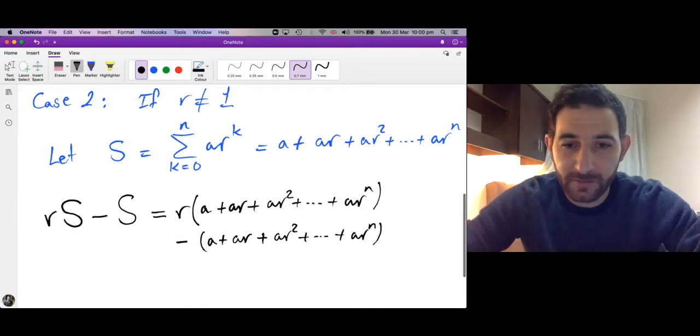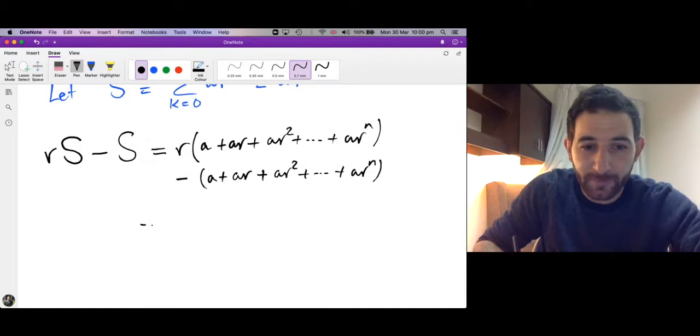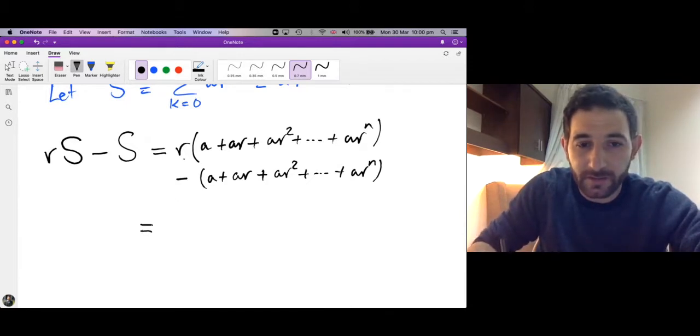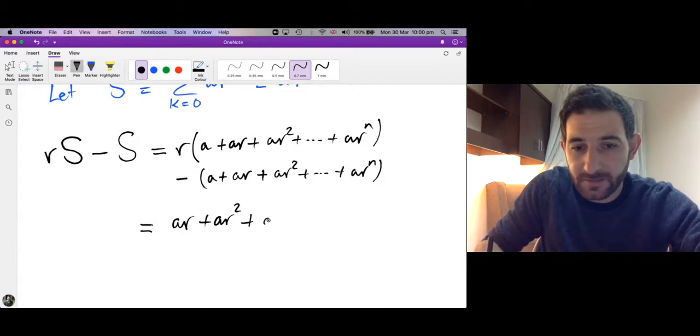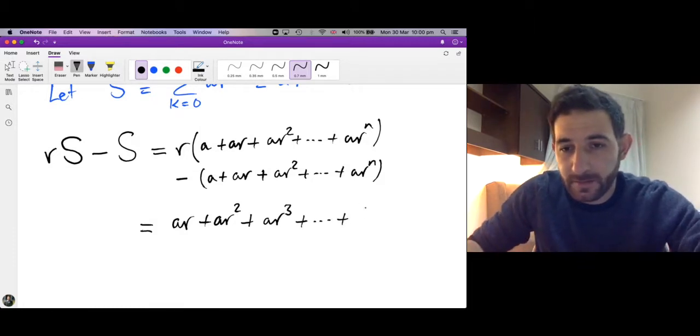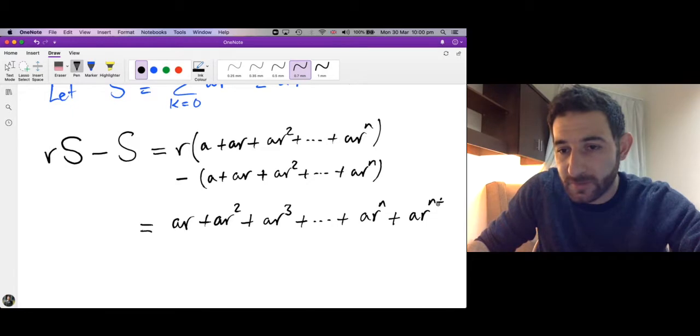Let's simplify. What do we get here? Now look, A times R is AR, R times AR, you get plus AR squared, plus AR cubed, and so on up to AR to the power n, plus the last one, AR to the power n plus 1, right?